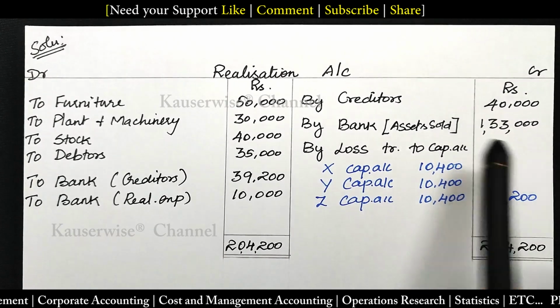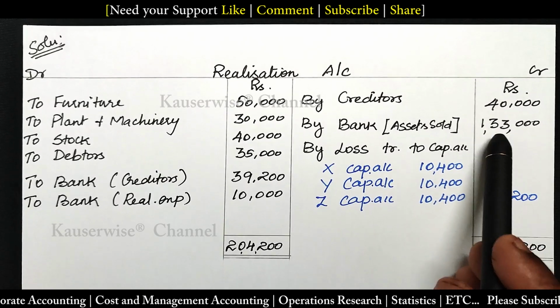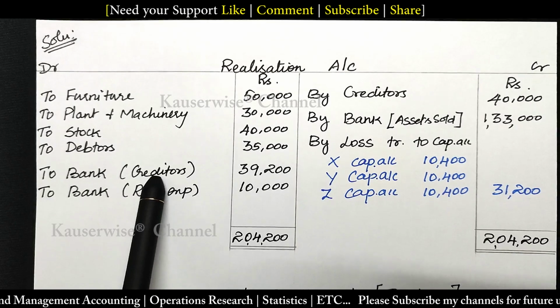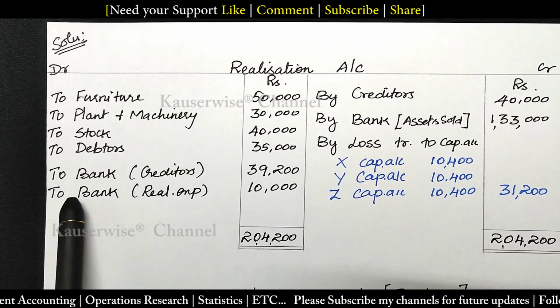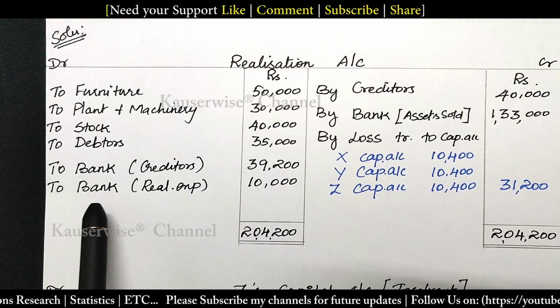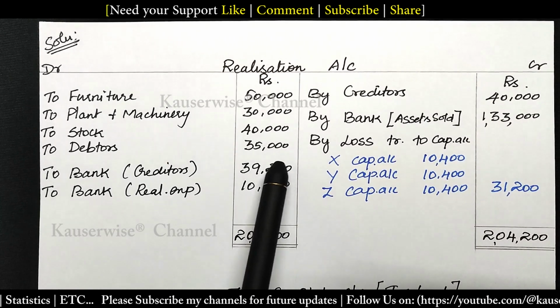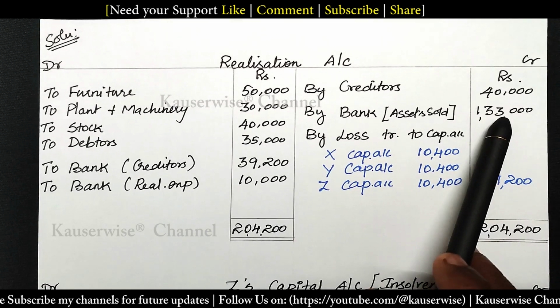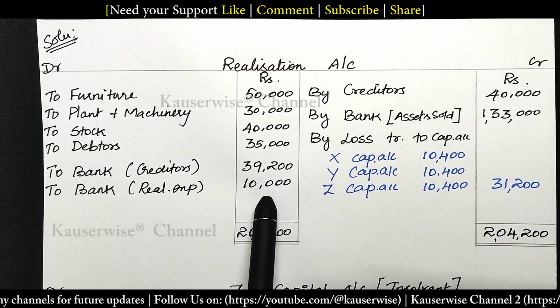This is a receipt, an inflow of cash, and will be entered on the debit side. On the debit side, they have given creditors, that is the payment made to creditors, and realization expense paid. These are the two transactions related to bank. These are payments, so we need to enter them on the credit side of the bank account. This one is receipts and these are the payments.